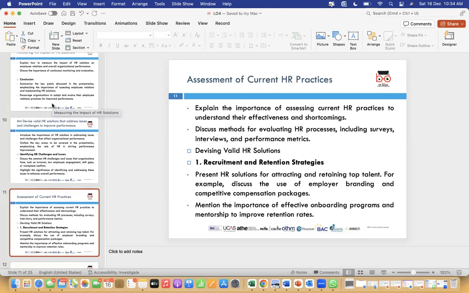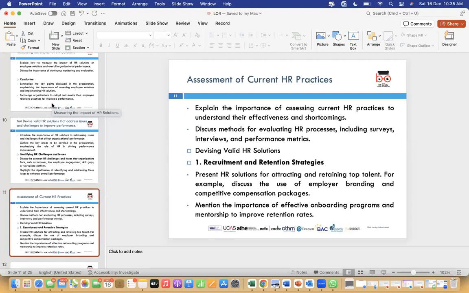So looking at different HR practices, and how effective they are or not. So different recruitment and retention strategies. Again, HR comes up with different solutions so that they can attract top talent. They sell this job ad in the best way possible so that they get the associates that they want, like the cream of the crop essentially.